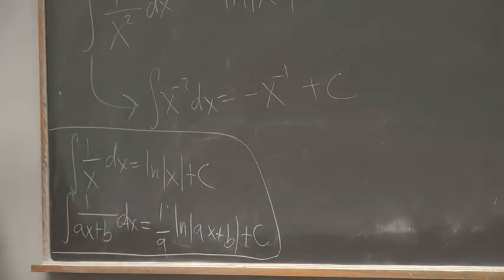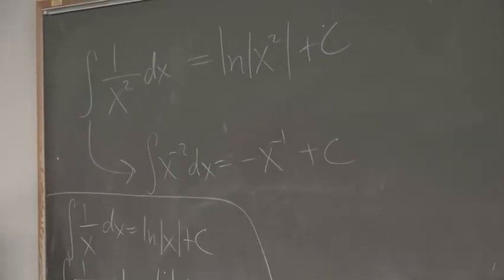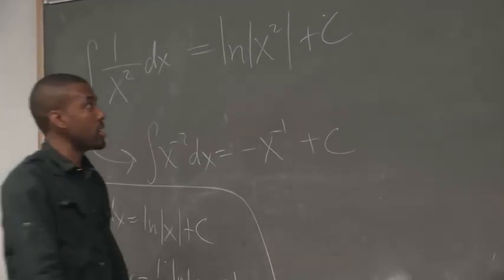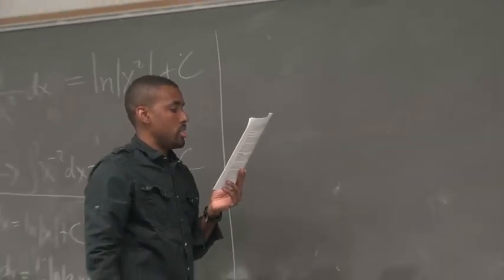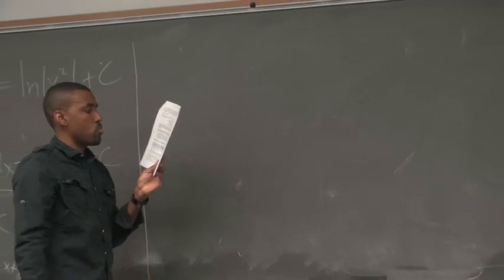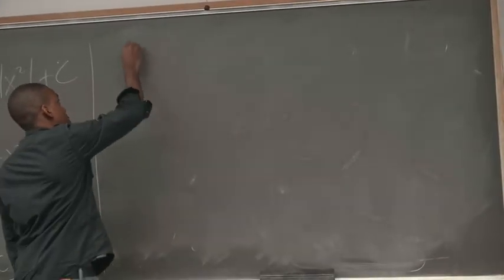It can only be these two forms. If you have a power on the x that's not 1, it's not ln. If I see you put that, very big mistake. And I mentioned that here. That's mistake number 1. Another mistake.